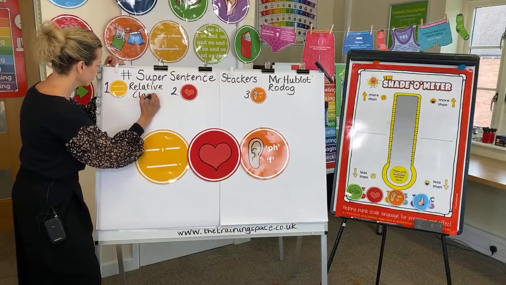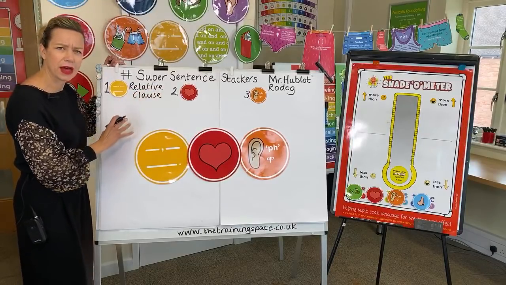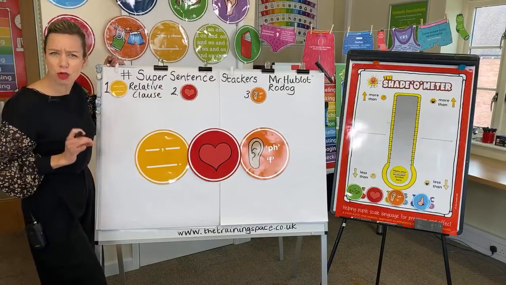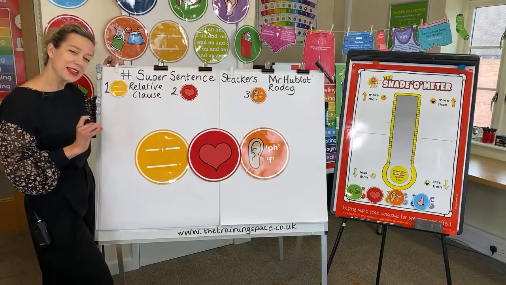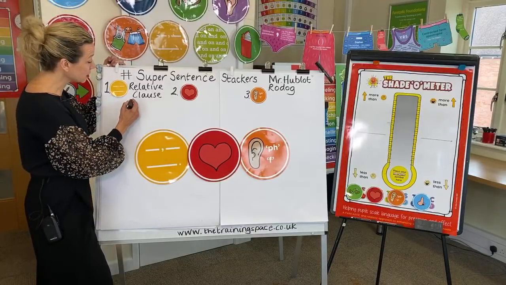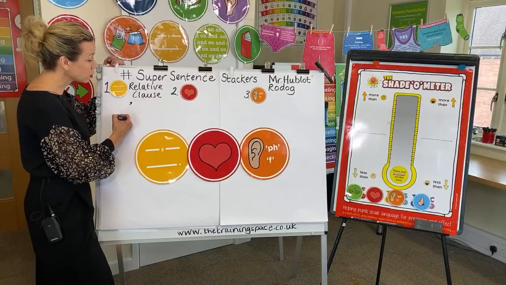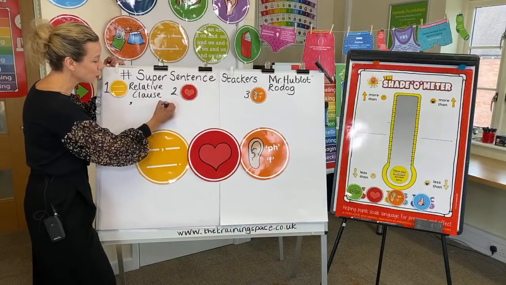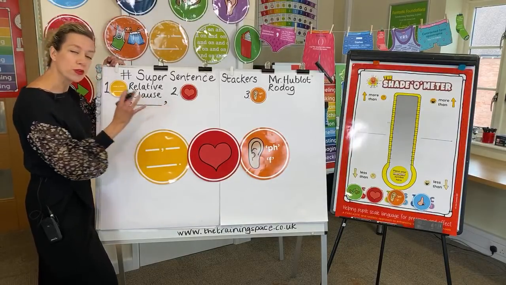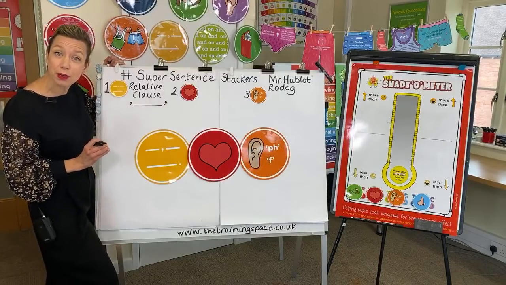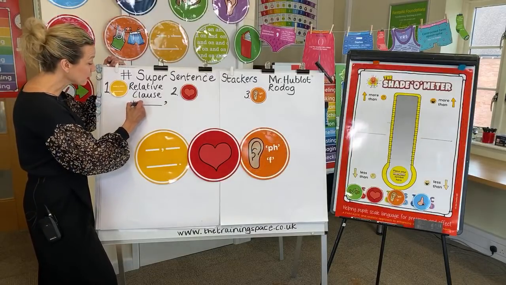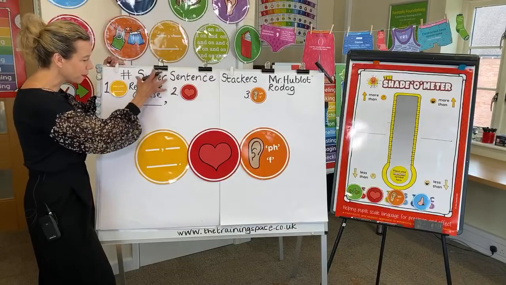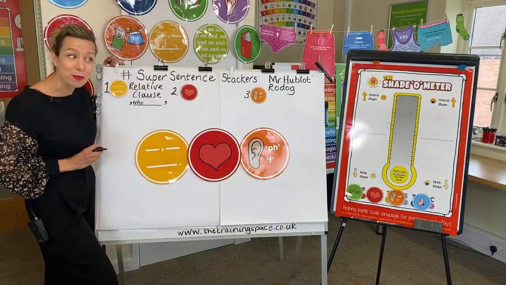Now, I don't want you to panic about that because I'm going to show you how to do that. A relative clause starts with a comma and ends with a comma. And the relative clause we're going to be including today begins with who. I'm going to help you do that in a moment.